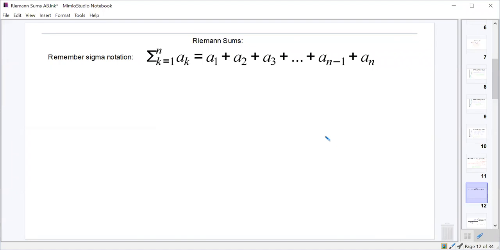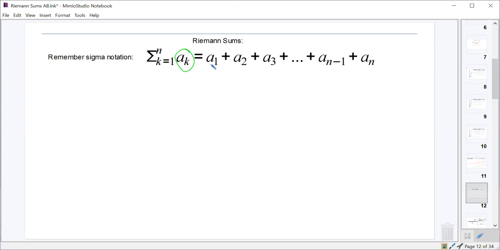Okay, so this sigma, this summation notation, just means a sum of. It means sum together these things. So I said sum together all of the A sub k's, from the first A, from k equals 1, to the nth A, which would be A sub n.